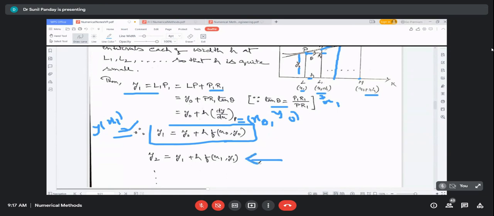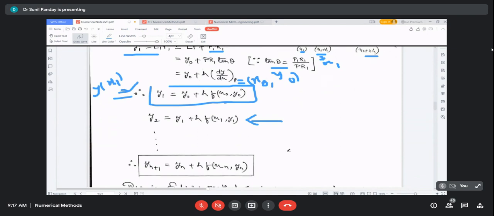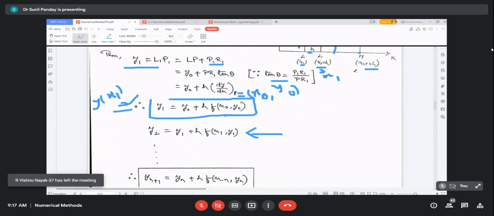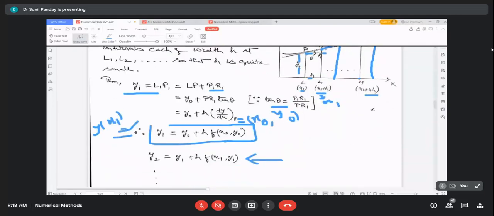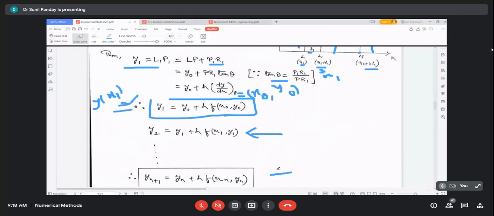In this way we get the value of yn, at x naught plus nh, equal to y of n minus 1 plus h into f of x n minus 1, y n minus 1. For the next point, x naught plus n plus 1 h, it is given similarly. This is the general form of Euler's formula.